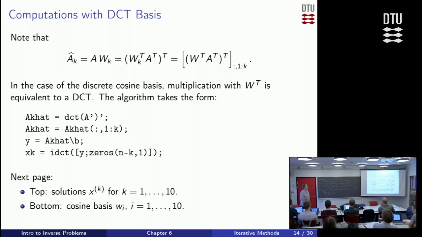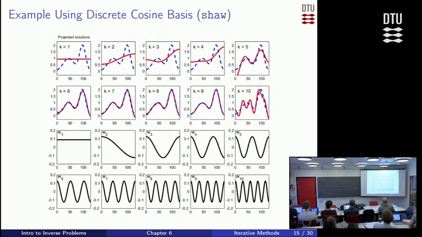So let's take a look at that. This is the Shaw test problem from Regularization Tools. The exact solution that we are trying to recover is the blue dashed line. In the top 8 plots, I show you the solutions computed by means of this projection method with k equal to 1, 2, 3, 4, and so on.